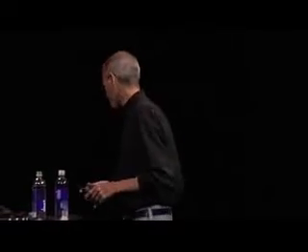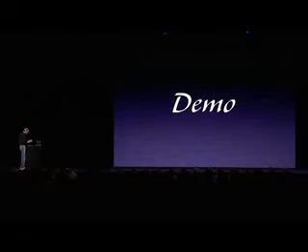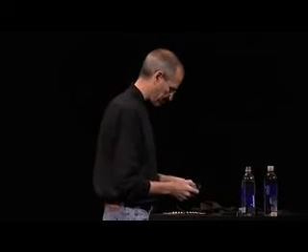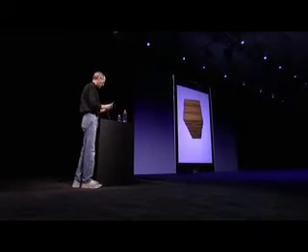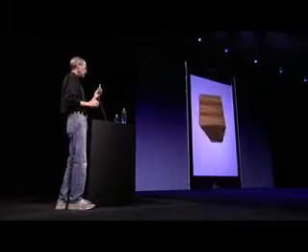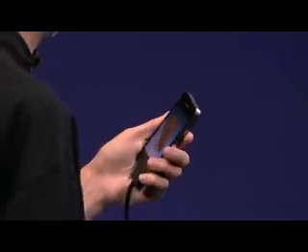So what I'd love to do now is give you a demo of this. And since this demo does not require the network, I should be okay. So this is a little app that we wrote, and this is being run with the accelerometer now. And as you see with the accelerometer, I can tilt it from side to side or backwards and forwards.